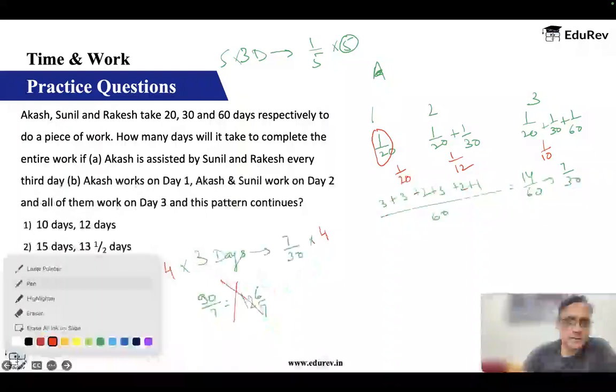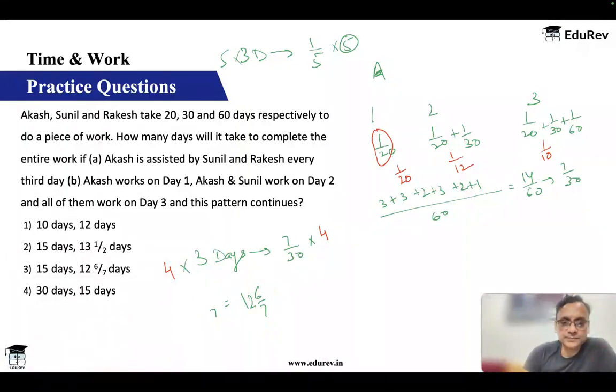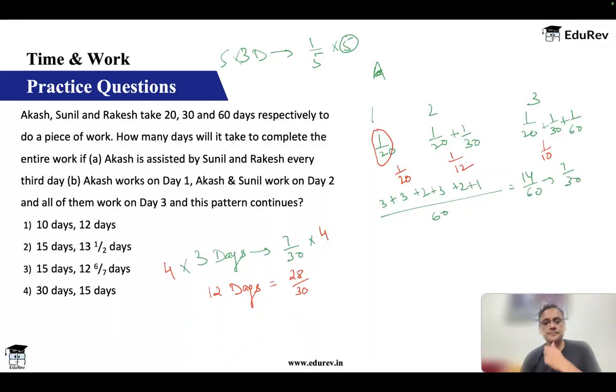Now when I do this, on the left hand side, you can see that you have 12 days. So in 12 days, work done is equal to 28 by 30. And 12 days is these 3 days, 3 days, 3 days, 3 days.